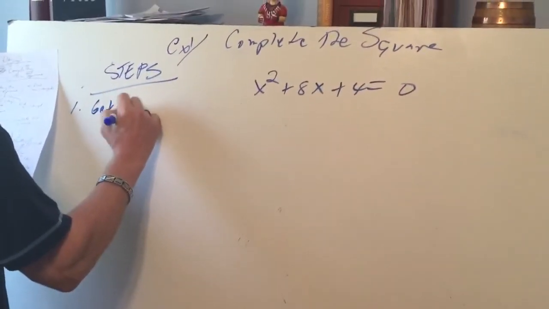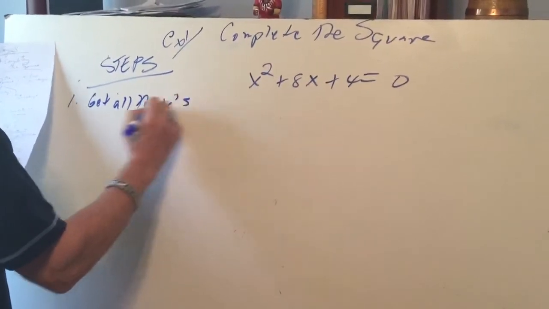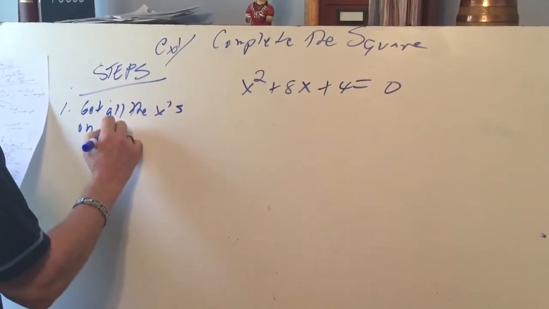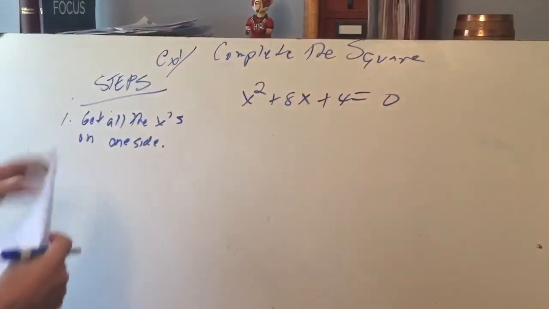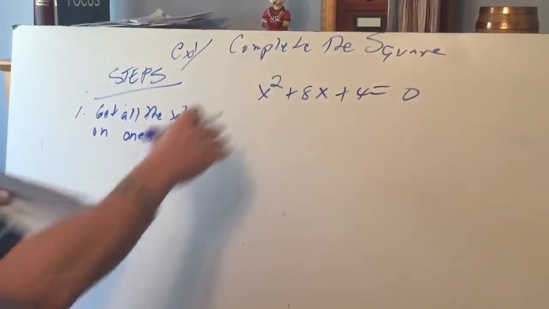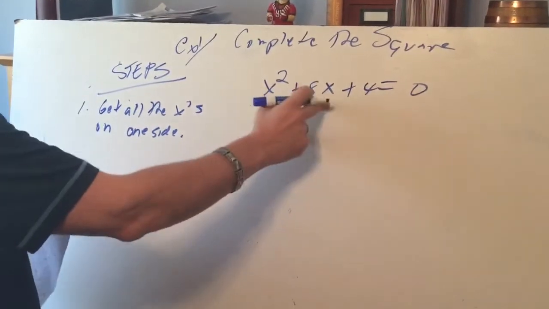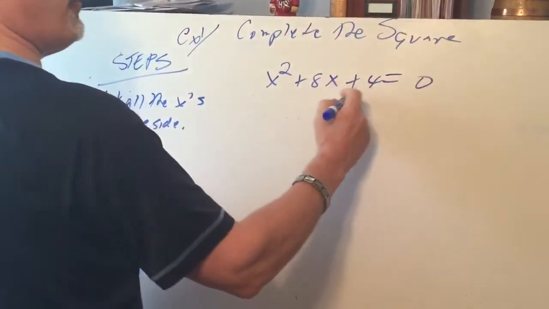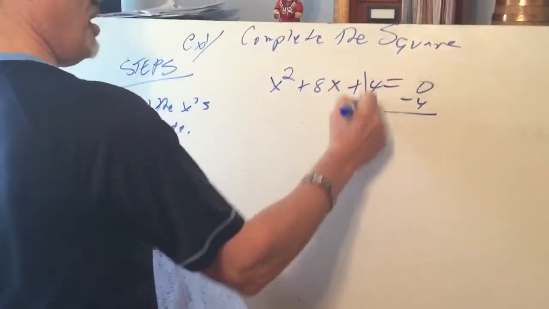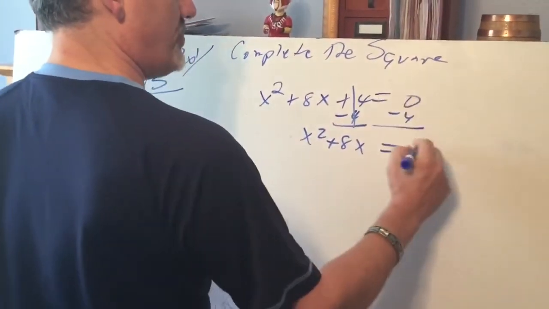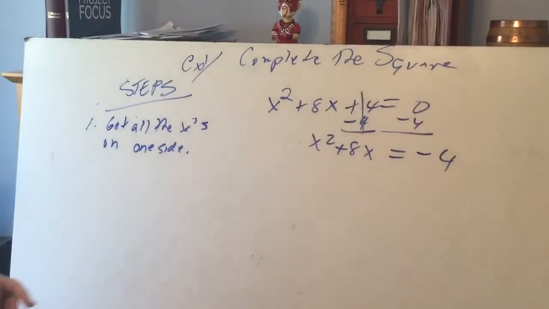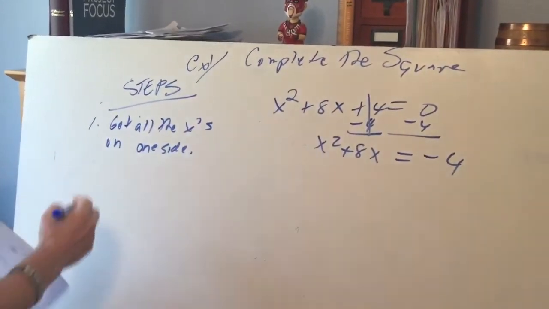Get all the x's on one side. So you got all the x's here. Here's an x, here's an x. Get rid of the 4. How do we get rid of the 4? Minus 4. All right. x squared plus 8x equals 0 minus 4, which is negative 4. There you go. Done. So, step 1 is easy as they always are.